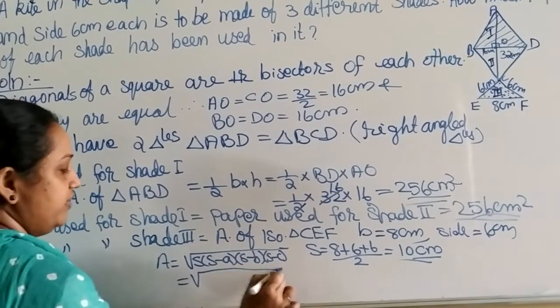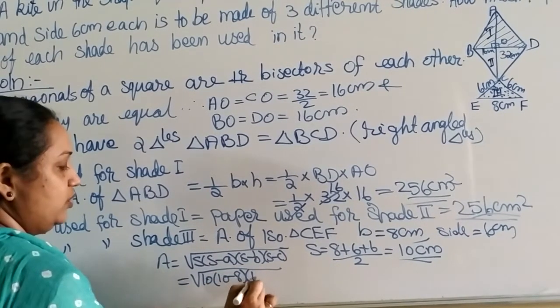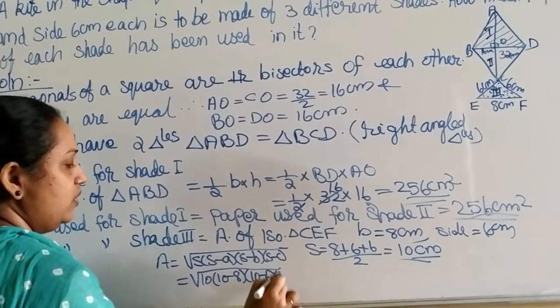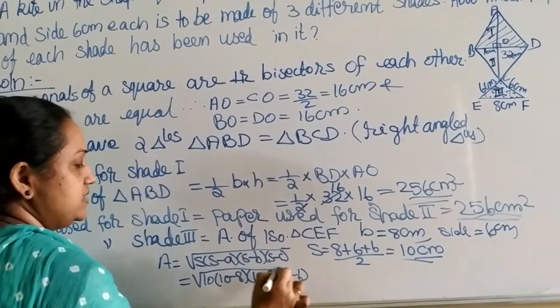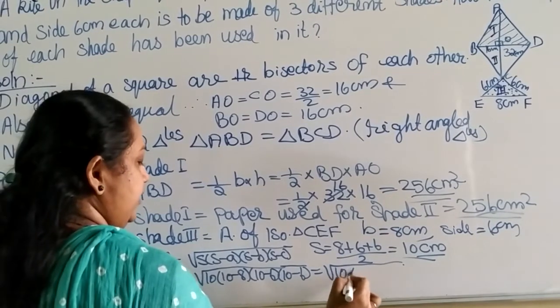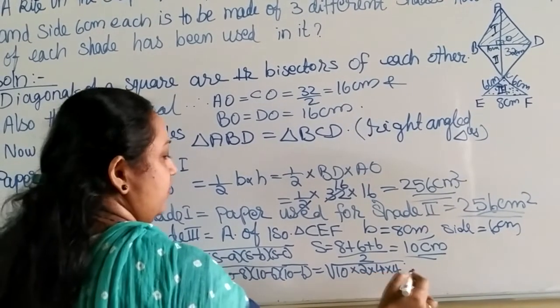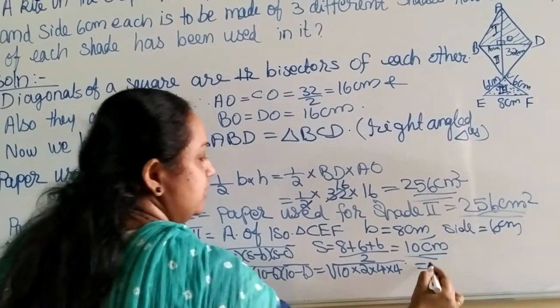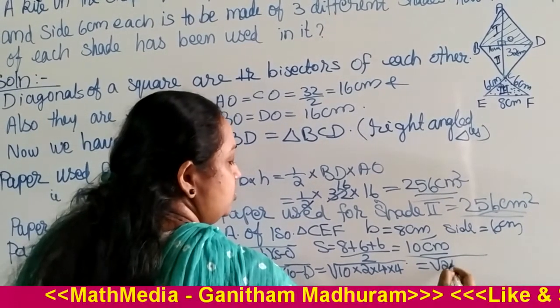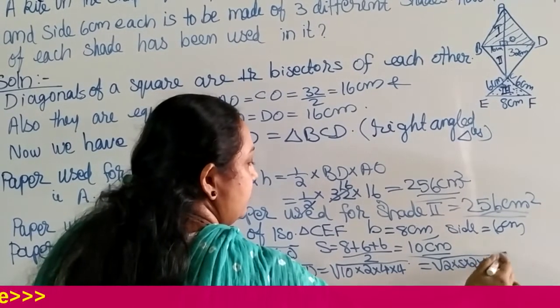Substitute the values over here. 10 into 10 minus 8 into 10 minus 6 into 10 minus 6, which gives square root of 10 into 2 into 4 into 4, equal to 2 into 5 into 2 into 4 into 4.